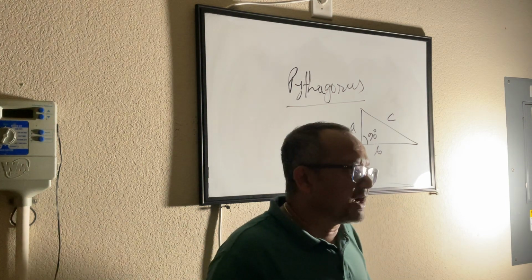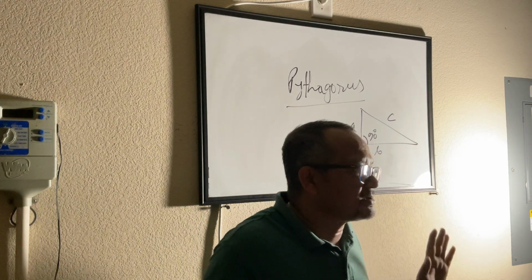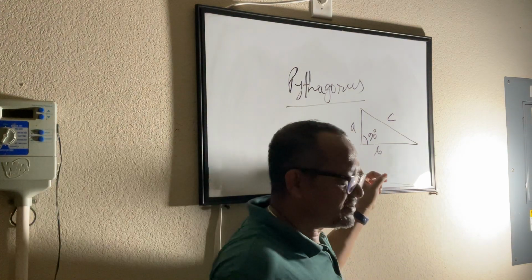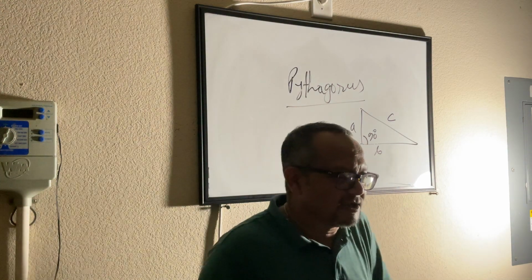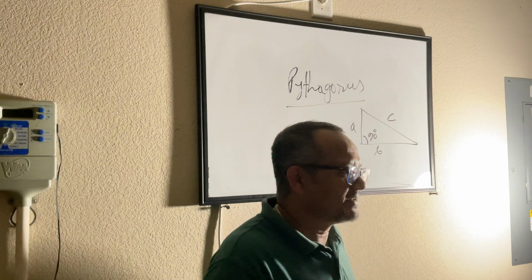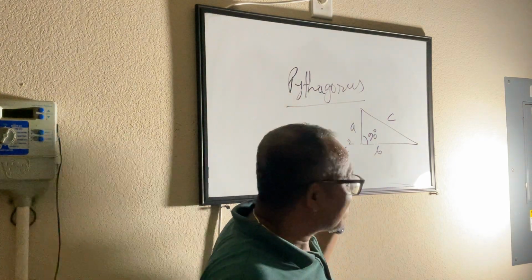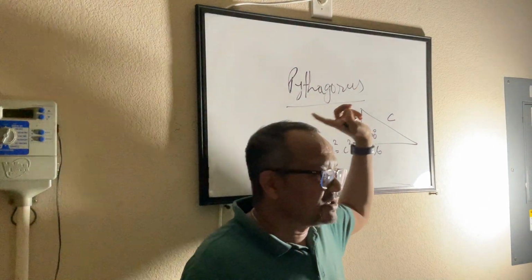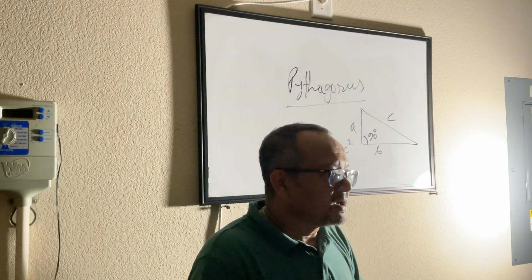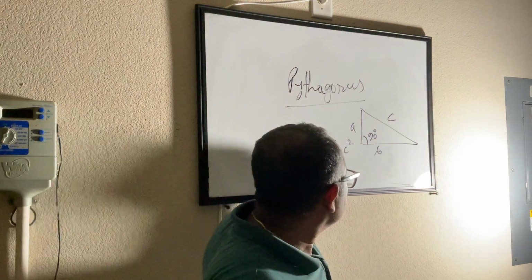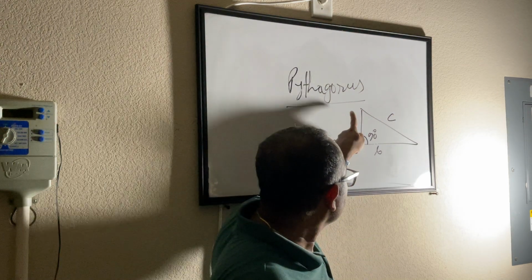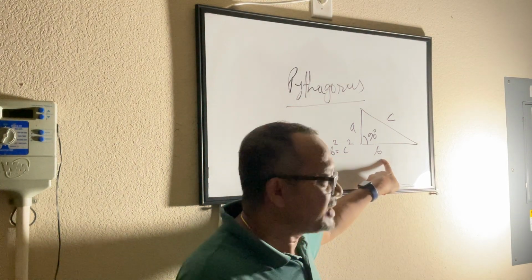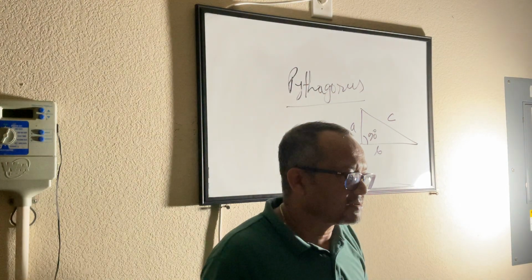In a right angle triangle, the sum of the squares of the two sides making 90 degrees is equal to the square of the hypotenuse.